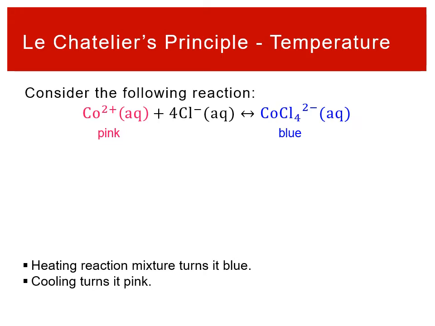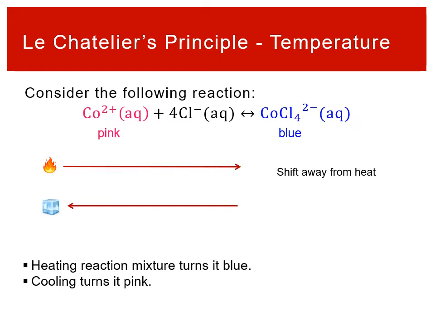So our experimental results tell us heating the mixture turns it blue, cooling the mixture turns it pink. And so we know heating means we are adding energy. The equilibrium will shift away from where heat is. So that would imply that heat is on the reactant side, right?